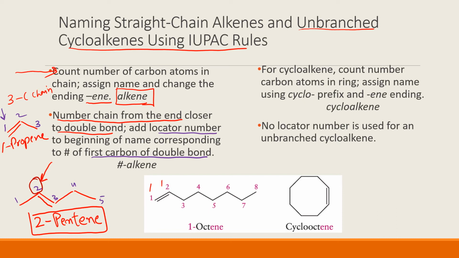In case of cycloalkenes, we count the number of carbon atoms within the ring and assign the name with the cyclo prefix and "ene" at the end. For example, in this case, if we count the number of carbon atoms, it will be 1, 2, 3, 4, 5, 6, 7 and 8.